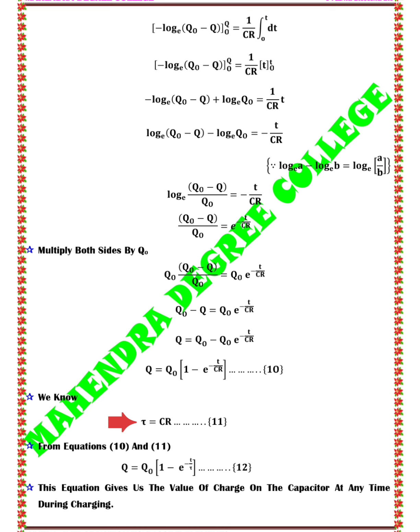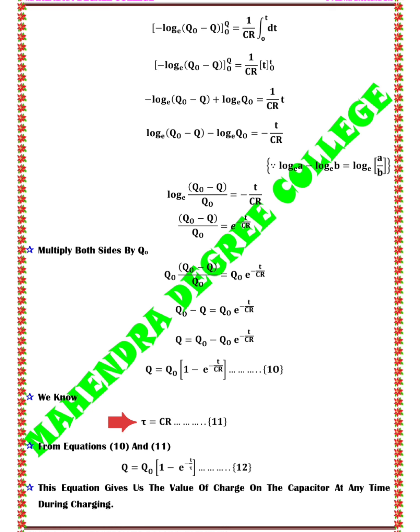This is known as the time constant, denoted by the Greek letter tau of an RC circuit, where C represents the capacitance measured in farads, R represents the resistance measured in ohms, tau equals CR represents the time constant measured in seconds.